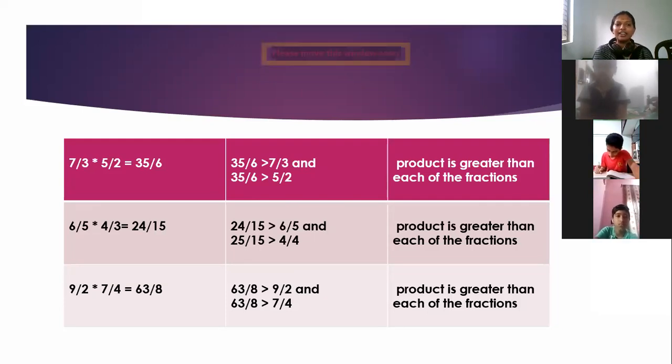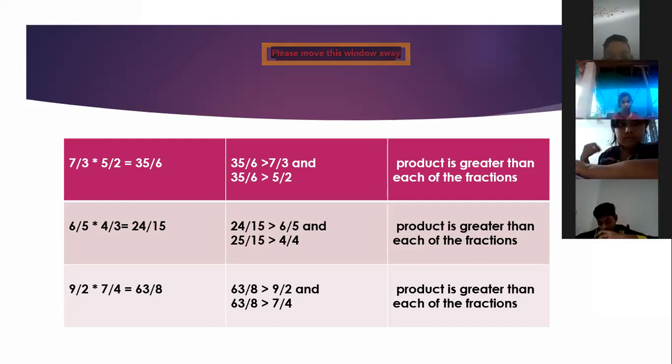So the value of 6 by 5 is 1.2 and the value of 4 by 3 is 1.3. Then we have to calculate the value of our product. Our product is 24 by 15. You just calculate the value of 24 by 15.